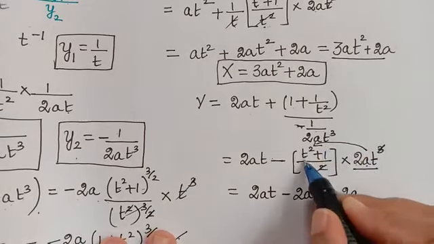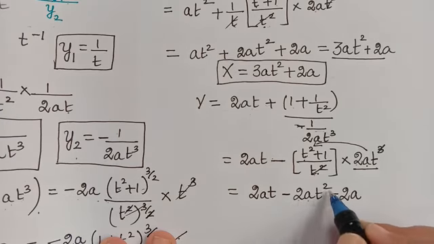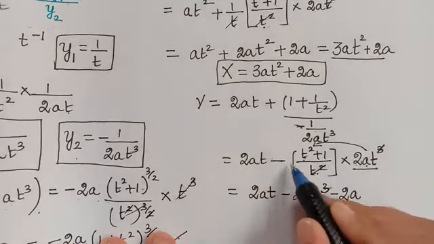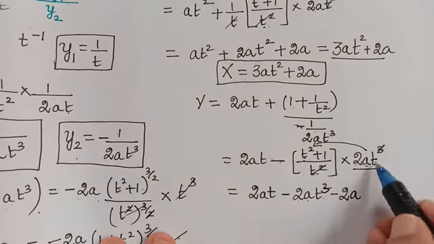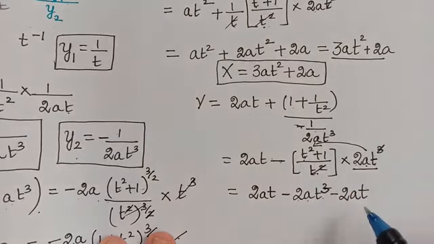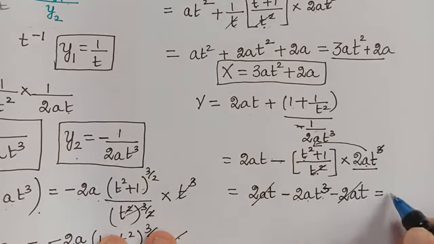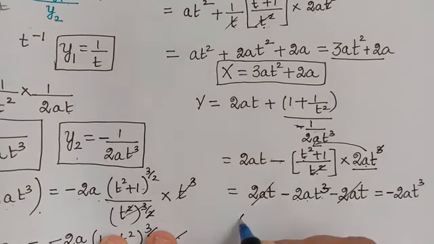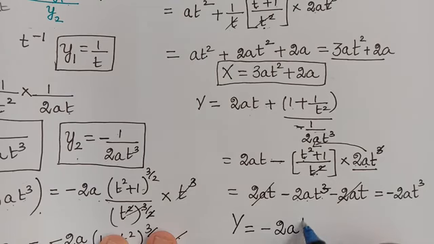So 2at multiplied with t squared will be 2at cube, because t squared into t will be t cube, and then plus into minus, minus 2at. So this is what we get, and this 2at and this 2at get cancelled, and finally we are left with negative 2a t cube. So therefore the y coordinate is equal to minus 2a t cube.